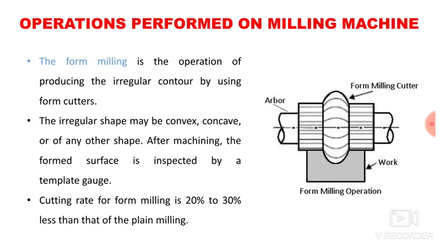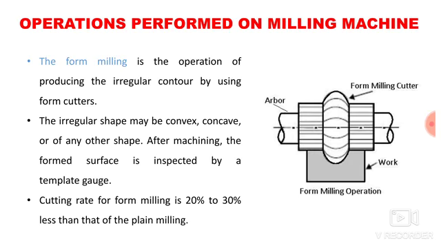Once again I am repeating, form milling is the operation of producing an irregular contour. Whenever you want to produce an irregular contour, you can use this process, that is form milling. The irregular shape may be convex, concave or any other shape. After machining, you can inspect that surface by using a template gauge.